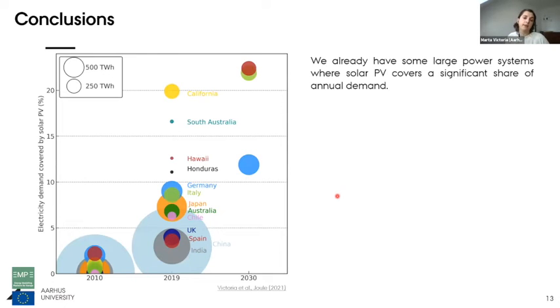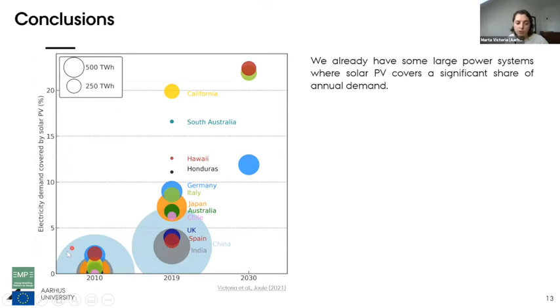And now getting to my conclusion slides, I think it's really important that we realize that solar is a reality today, and high penetration of solar, high shares of demand covered by solar, are already being attained in different countries. See, for instance, here the different penetration of solar in different regions. What was the situation in 2010?